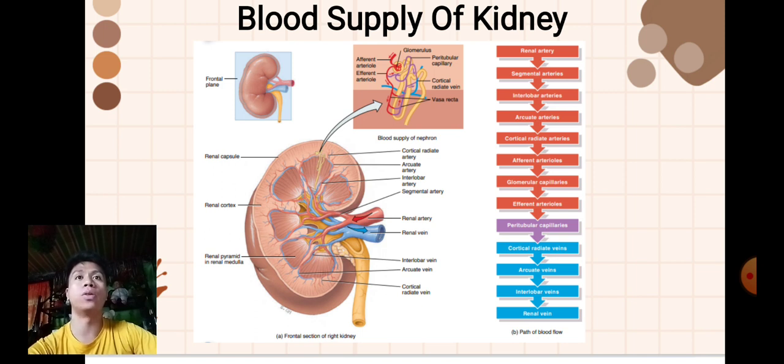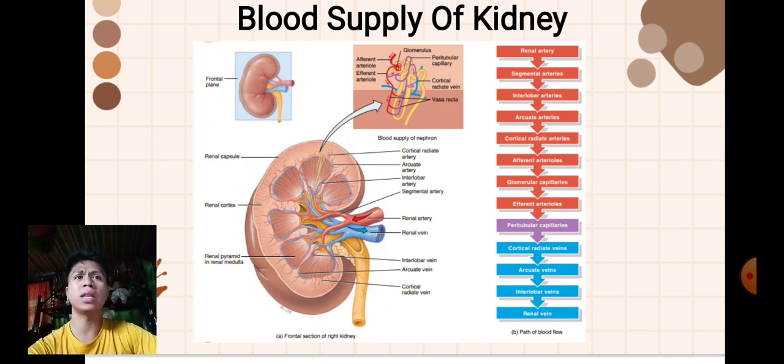The glomerular capillaries then reunite to form an efferent arteriole. A while ago we said afferent arterioles, but now the glomerular capillaries form the efferent arterioles. Efferent is the opposite of afferent: afferent means to carry toward, but efferent carries outward.